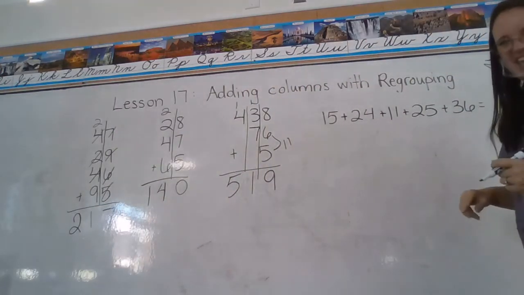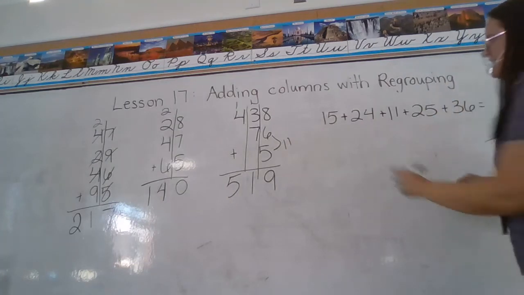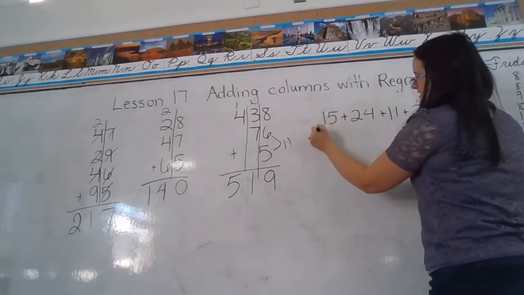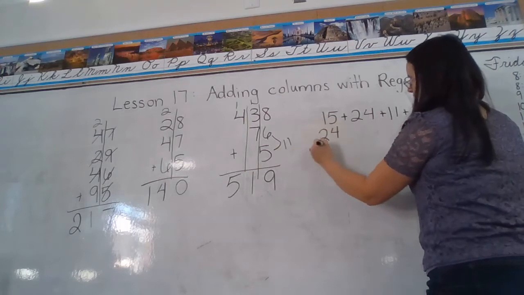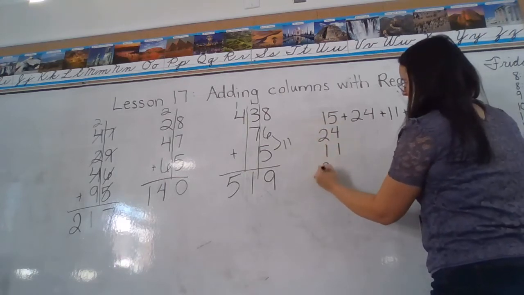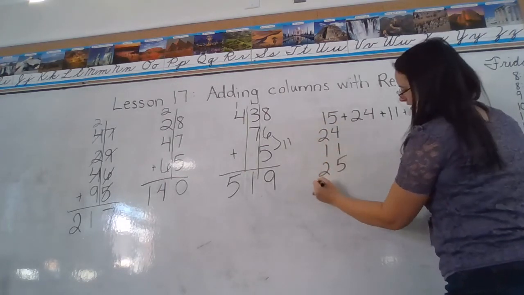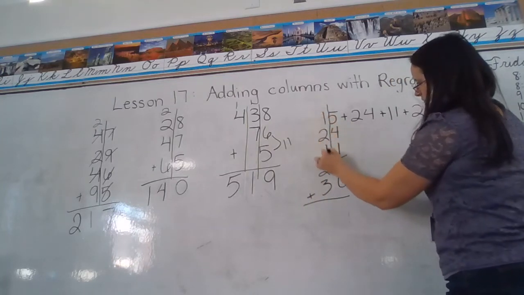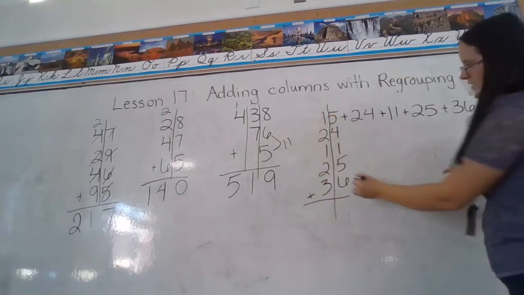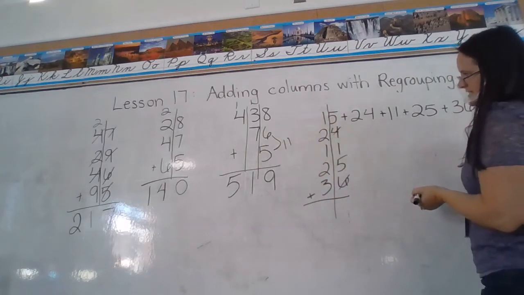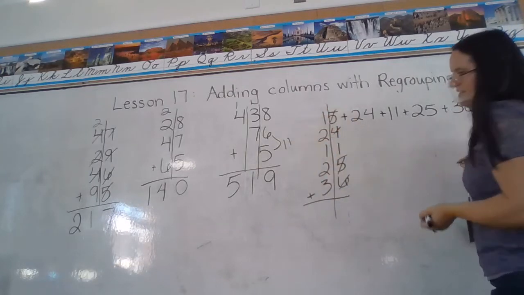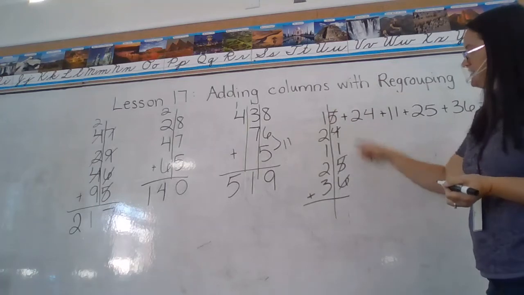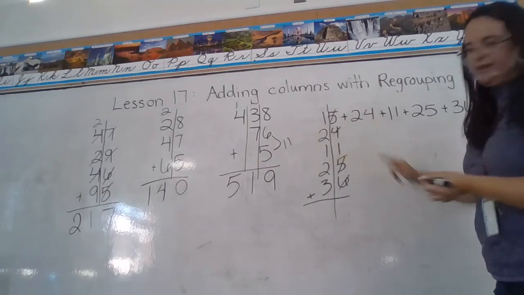I don't like this. I want to rewrite that vertically. So I might just start with my 15 here and put a 24 and 11, a 25, and a 36 right underneath. And then we'll split up my place values. So, 6 and 4 makes a 10. 5 and 5 makes a 10. So I've got 10, 20, 21.